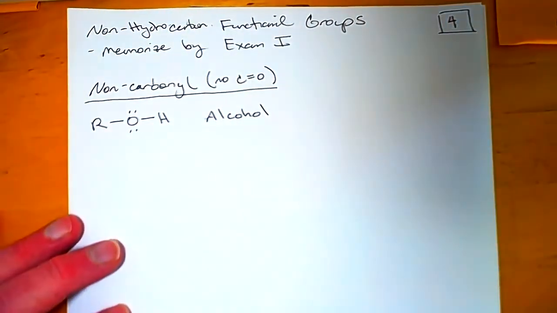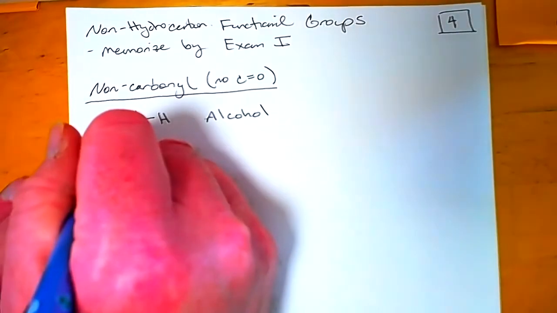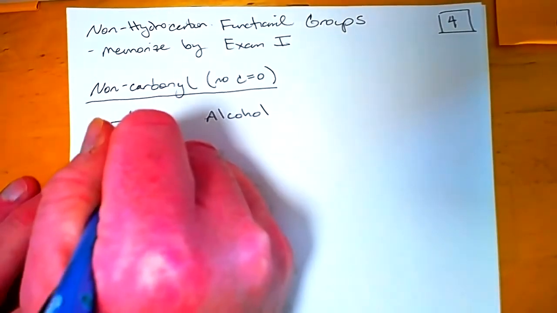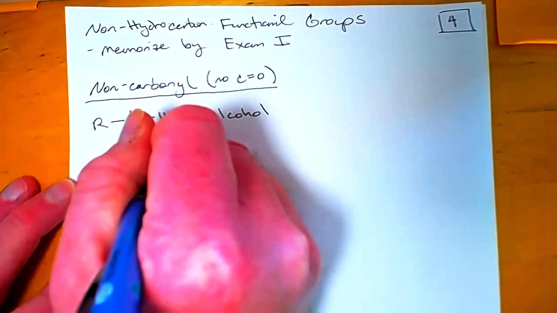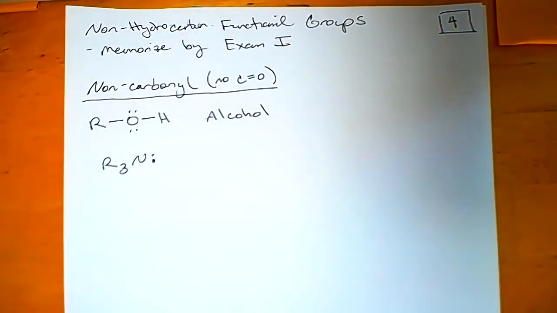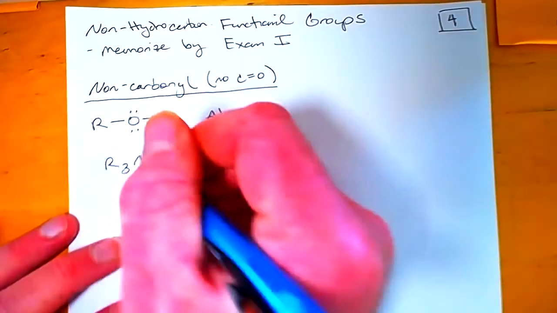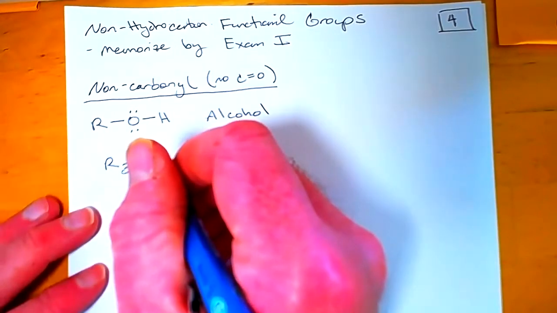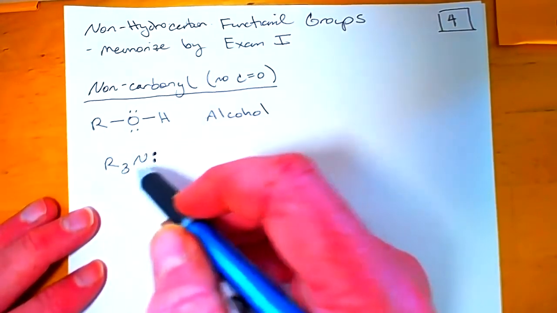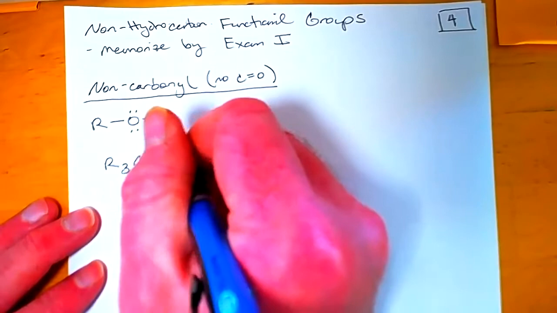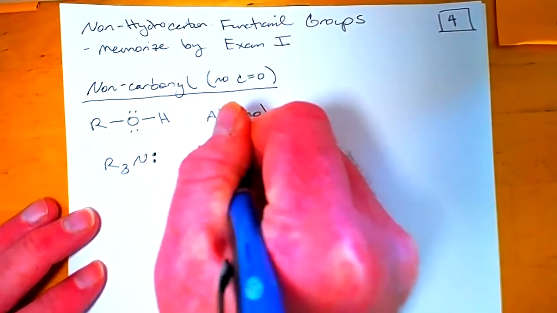Okay, if you have an R group, again, the R groups can be hydrogens, okay, but if you have three R groups, or just some of them could be hydrogen, what's important is that there's a lone pair on the nitrogen directly. This is referred to as an amine.